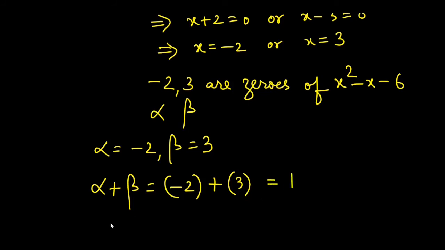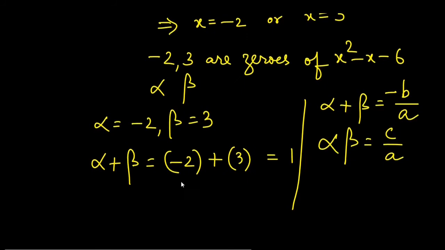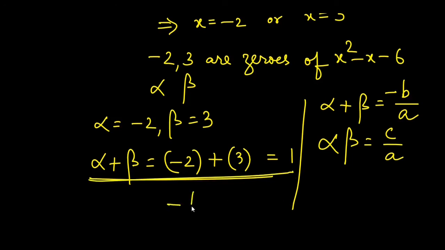It is positive 1. The relation between zeros of the quadratic polynomial and the coefficients is alpha plus beta is equal to minus b by a, and alpha into beta is equal to c by a. Now we have got alpha plus beta is equal to 1. So what is minus b by a?